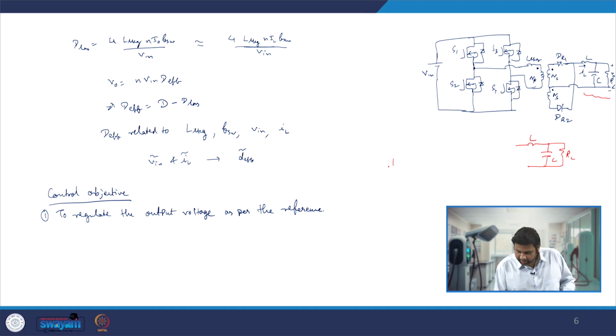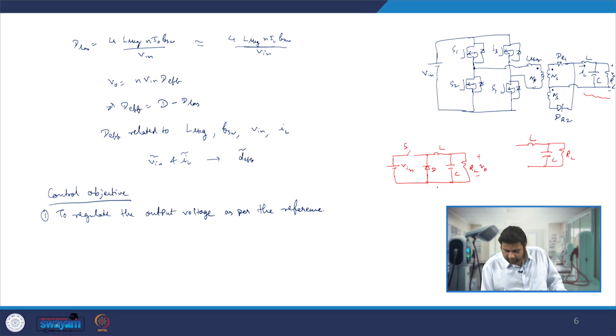If you recall the buck converter, we have one switch, we have the diode, and at the output we have RL, C, L, diode D and switch S. This is the buck converter. If you look very carefully, the output filter stage of both the converters is nearly the same, and that is why we can say that this is the buck derived topology.